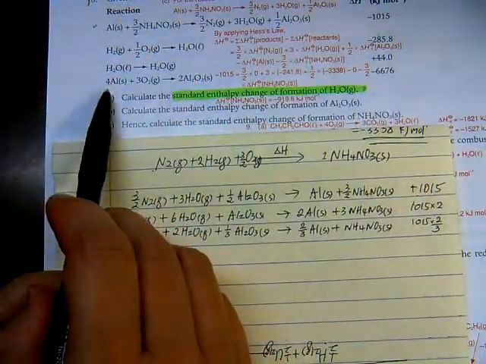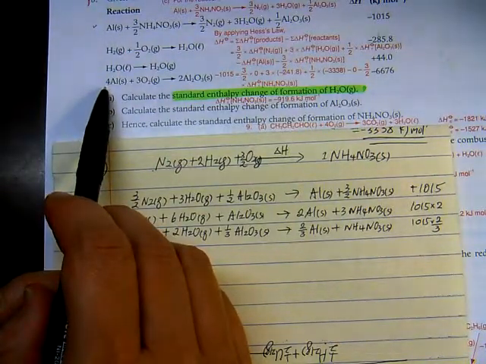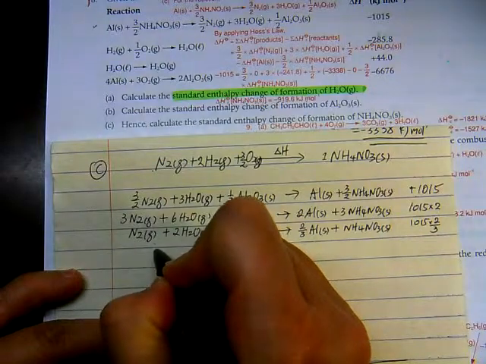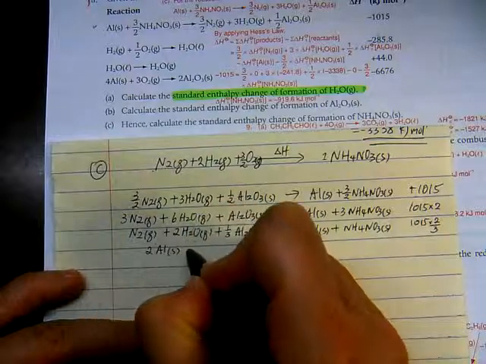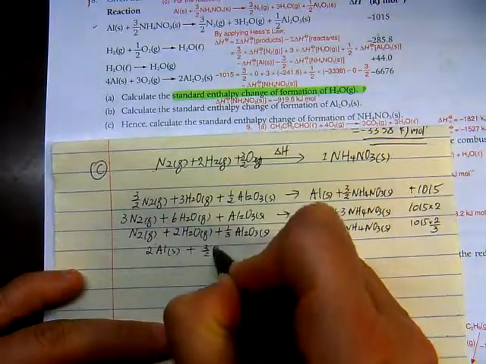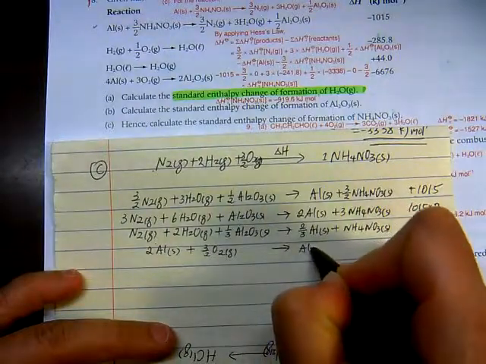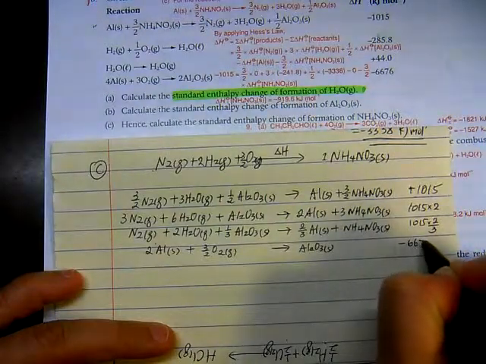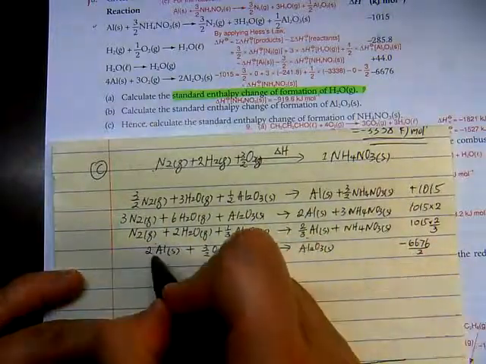This is the equation with aluminum on the reactant side. But we need to divide the whole equation by 2, followed by 3.